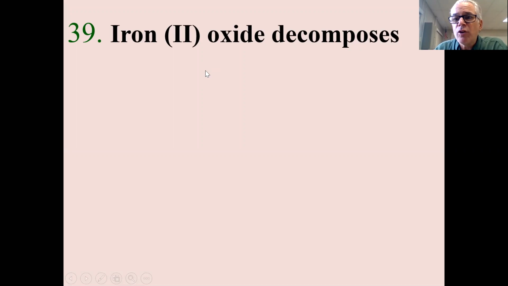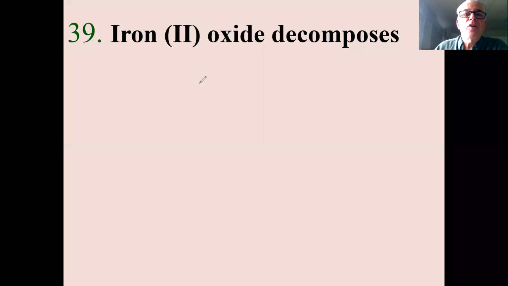Iron, Roman numeral 2 oxide, is going to decompose. Now, iron, Roman numeral 2, is going to be Fe. I'm having a hard time with this writing business. You know what I mean? Fe plus 2, and oxide is a -2. So the formula is going to be, of course, FeO.